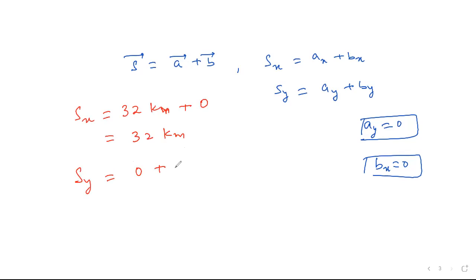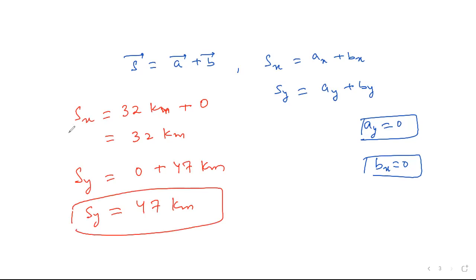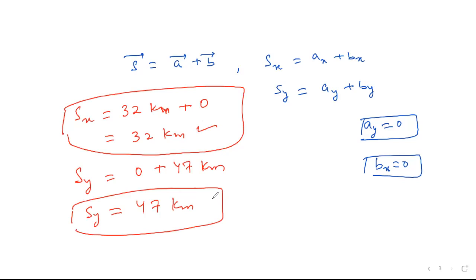By is the full B vector, which is 47 kilometer. This is my Sx and Sy. Sx is 32 kilometer. Sy is 47 kilometer. Once I know the components of my resultant vector, now I can find its magnitude and direction easily.